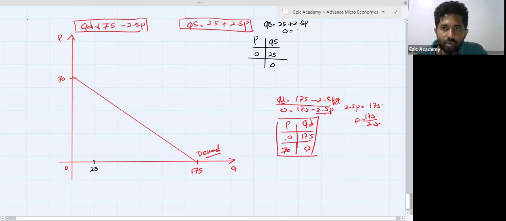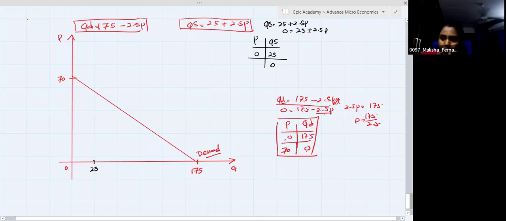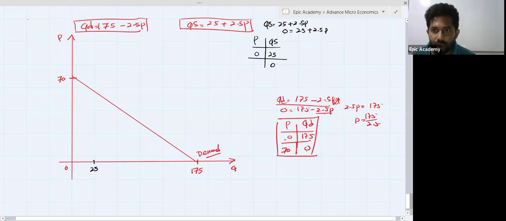Then QS becomes 0: 0 = 25 + 2.5P. So this is a very important factor. Consider all values as plus values, so now we have to change the direction of 25. It becomes minus 25.